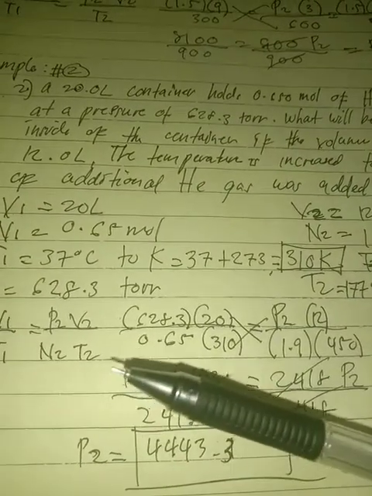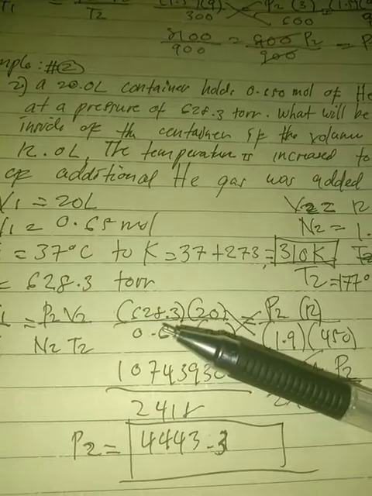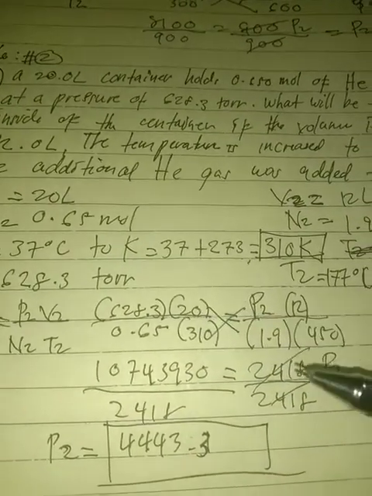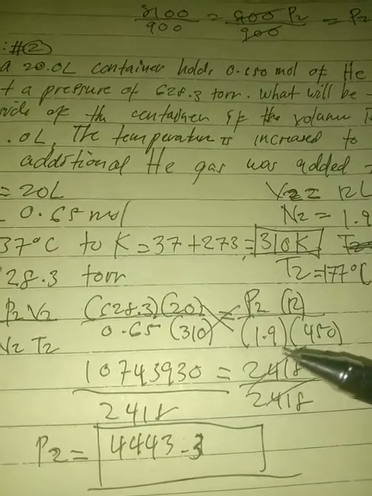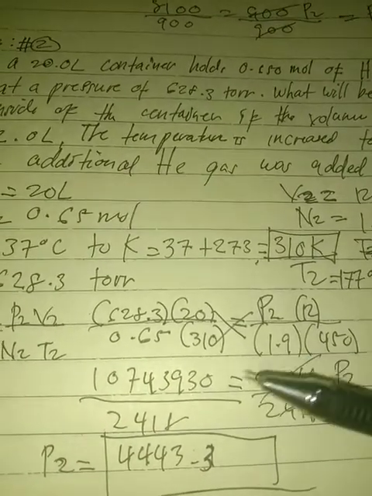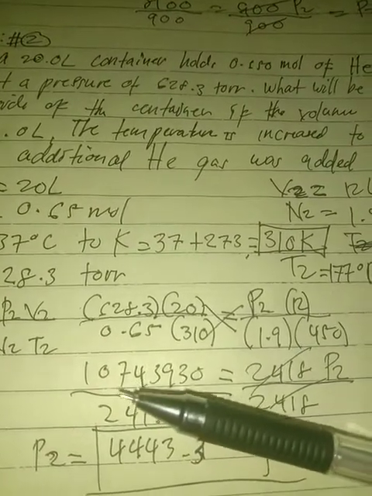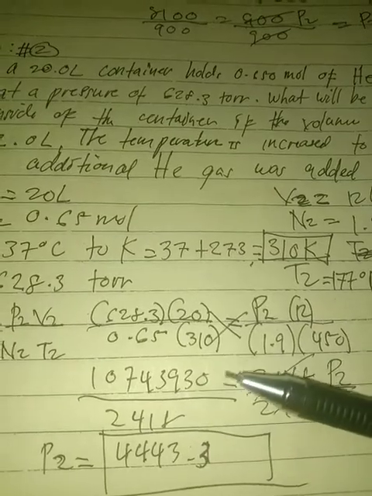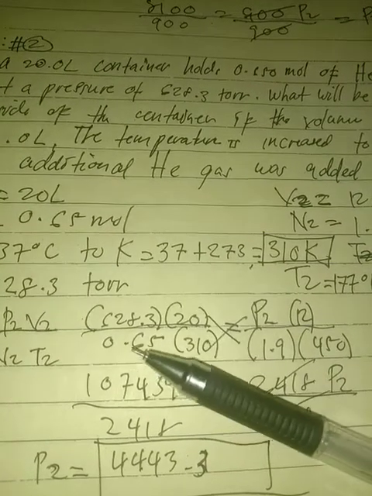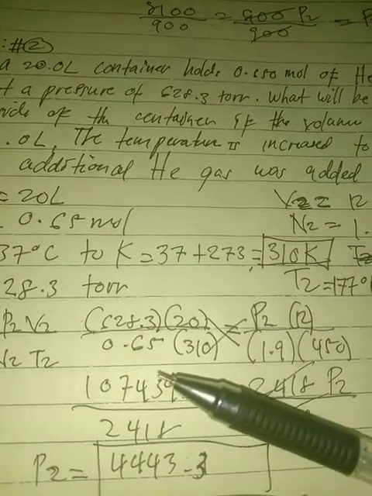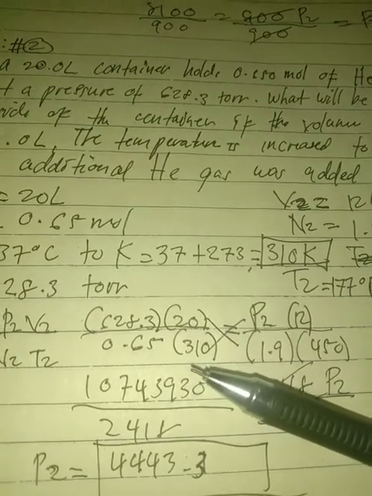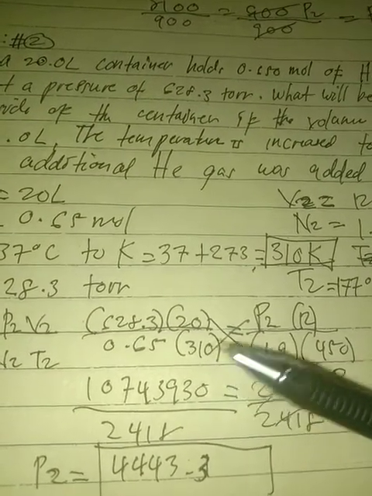So we are going to multiply this one, 628.3 times 20 times 1.9 times 450. So the answer is 10,74,393. So the next is we are going to multiply also 0.65 times 310 times 12.